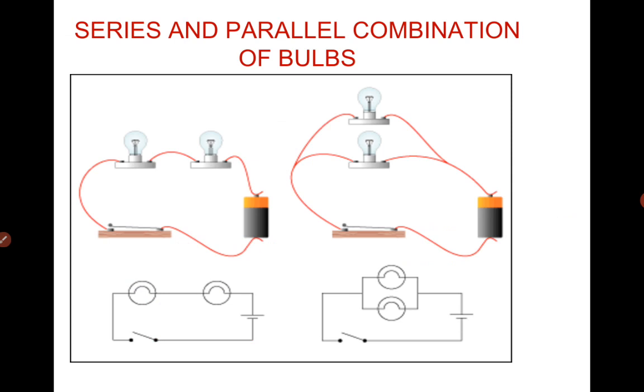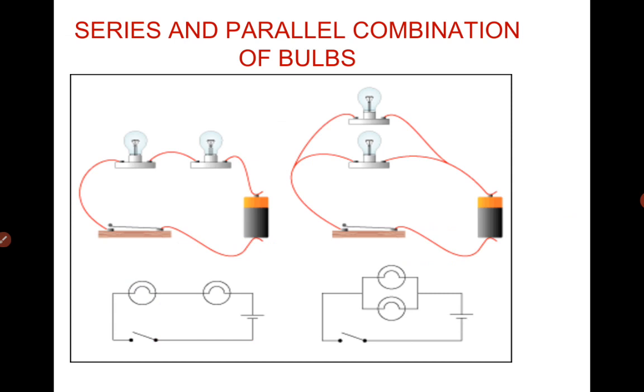Just see in this slide, there are two circuits here. One is series, second one is parallel combination of bulbs. If you see these two circuits here, to understand deeply about series and parallel combination of resistors, you can observe carefully how many variables you can take in these two circuits.